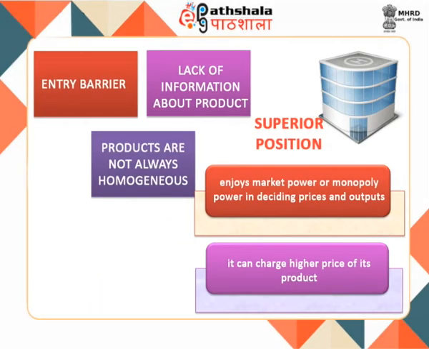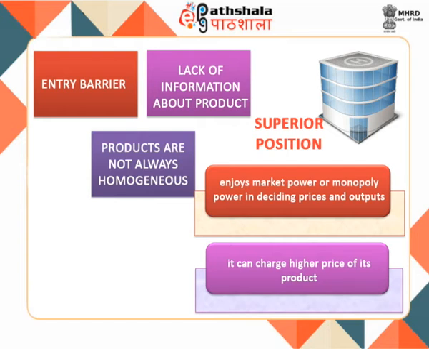Perfect competition is hardly observed in reality. In the real world, there exist entry barriers, lack of information about the product, and products are not always homogeneous. In this imperfectly competitive situation, a firm with a superior position in all respects enjoys market power or monopoly power in deciding prices and outputs.